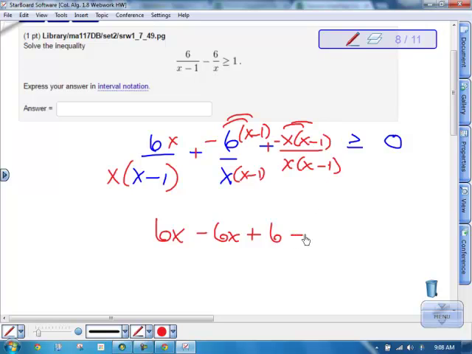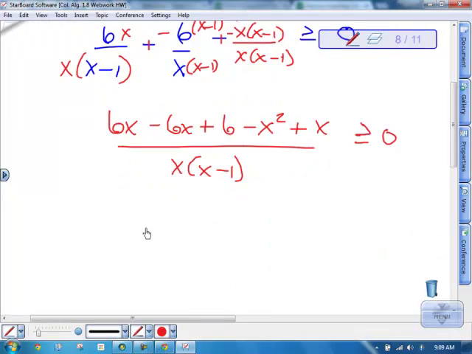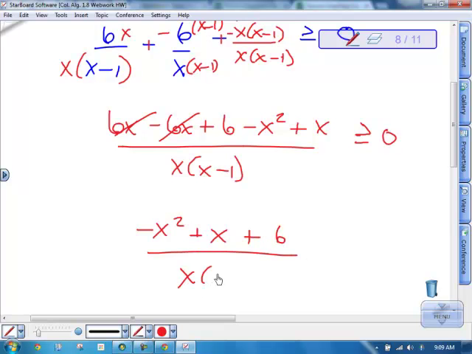So that gives me negative x squared plus x all over x times x minus 1. So now I can simplify this. This turns into negative x squared. The 6x and the negative 6x cancel. I have plus x plus 6 all over x times x minus 1.